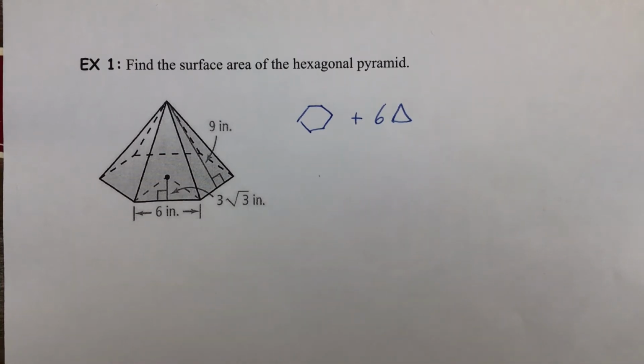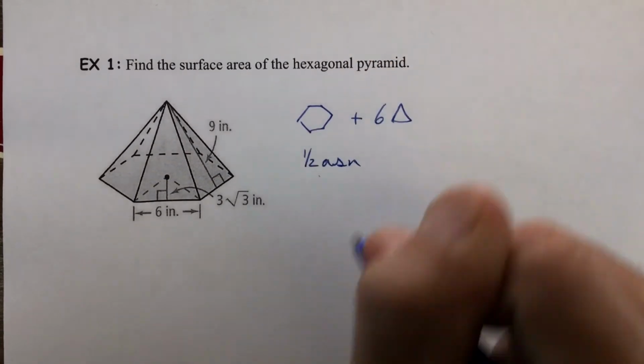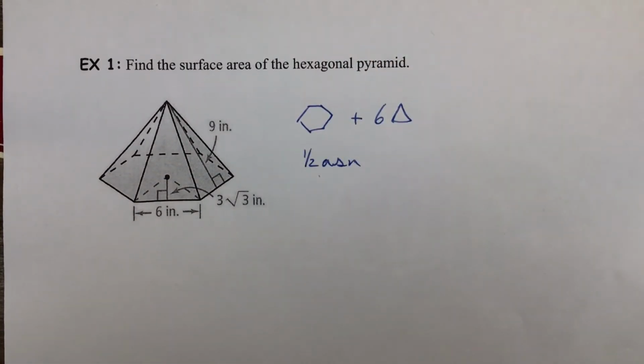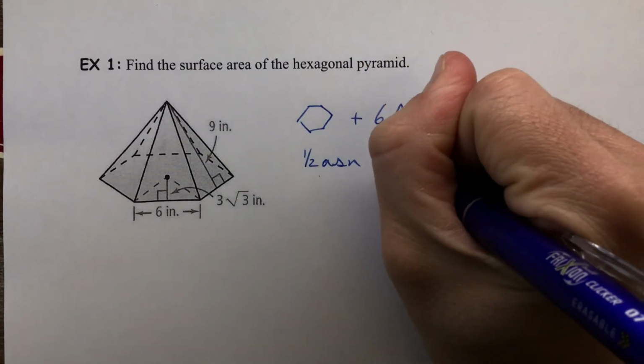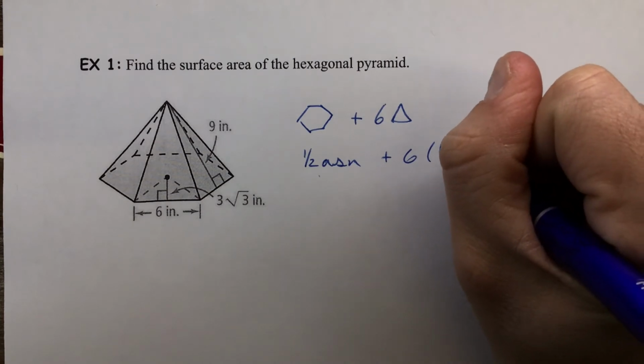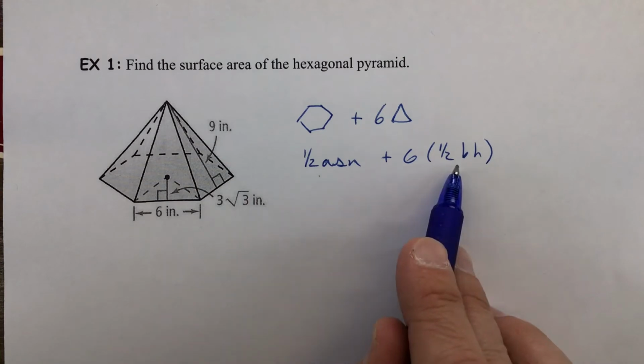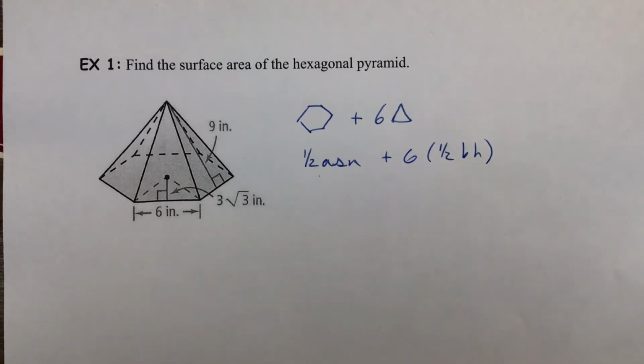Okay, so for the hexagon, to calculate its area, that would be 1/2 ASN. That'd be 1/2 times the apothem times the side length times the number of sides. For the triangles, it would be 1/2 base times height. Okay, so if we can find all these values, we can just complete the expression and then have our surface area.